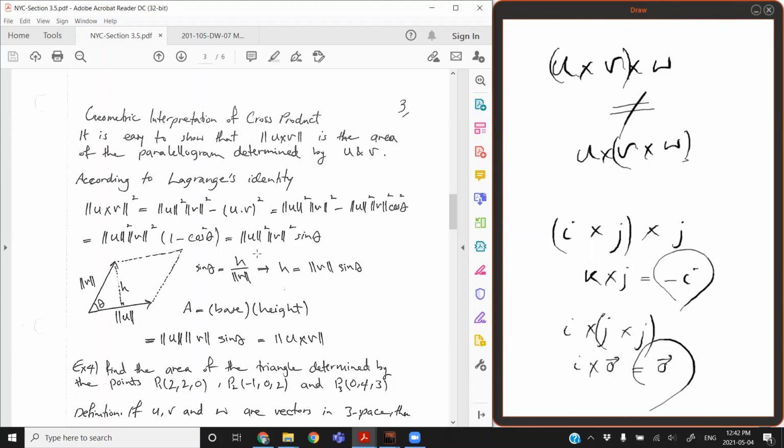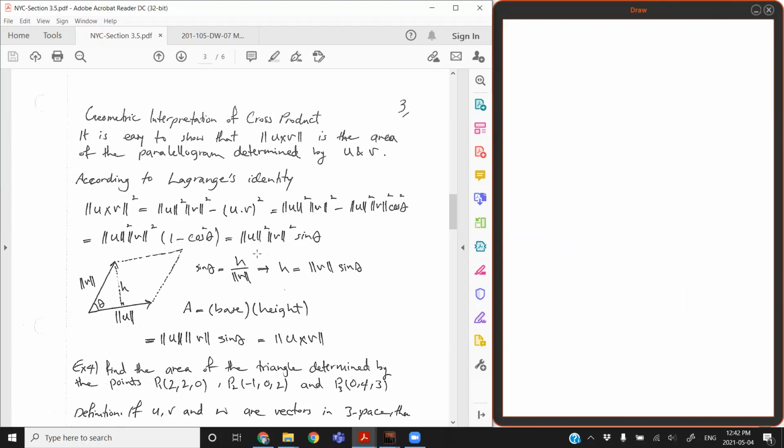On the other hand, if you have two vectors, u and v, and they form a parallelogram, and they have an angle theta between them, the area of this parallelogram, let's say this is norm of u and this is norm of v, is going to be base times height. Let's say the height is h, and here you can see you have a right triangle.